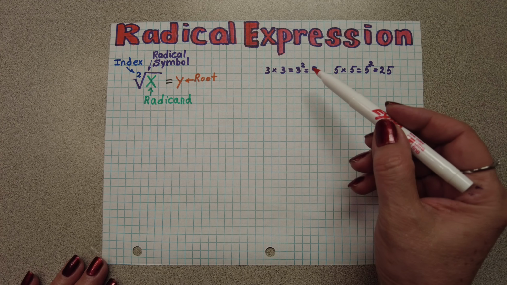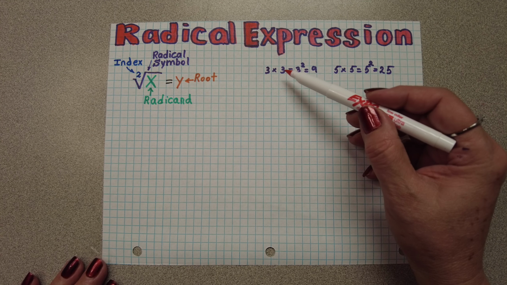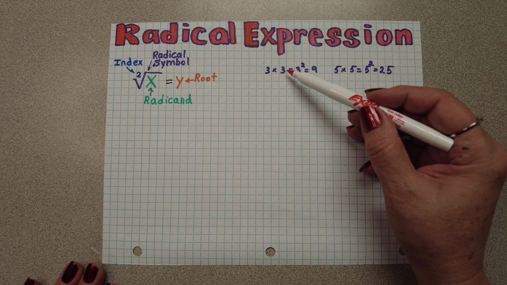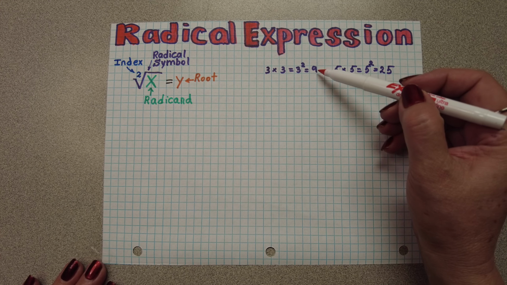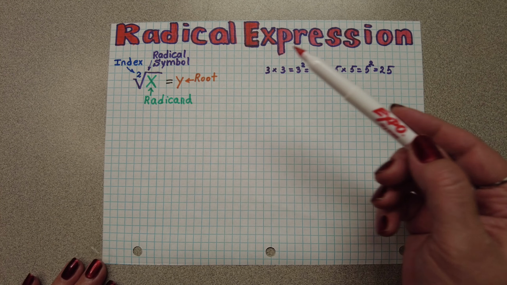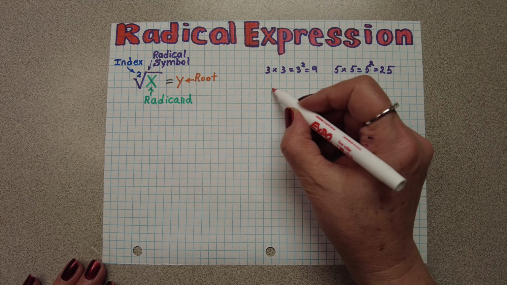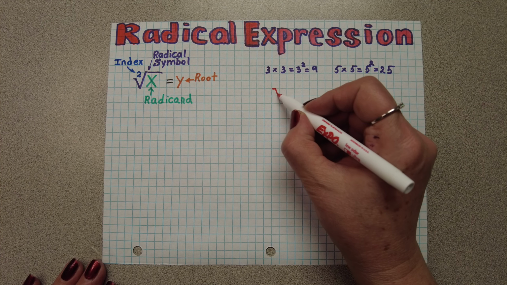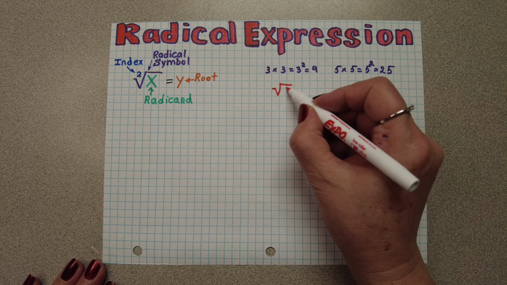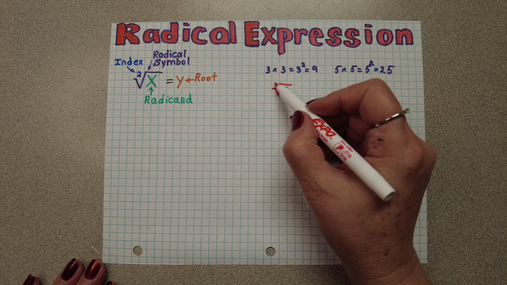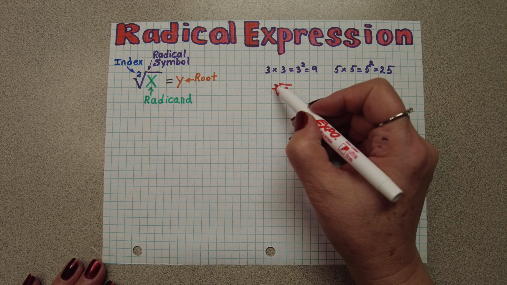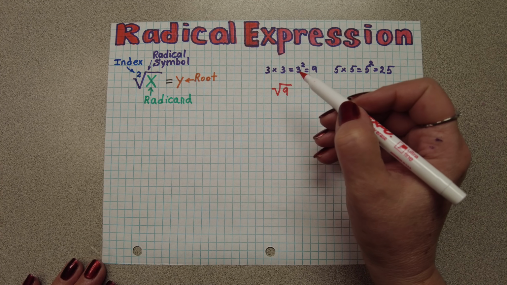Now we already know 3 times 3, same number times same number, equals 9. So a radical expression is kind of the opposite of it. If we have square root of 9, we usually don't write 2 for the root. 2 is not shown.